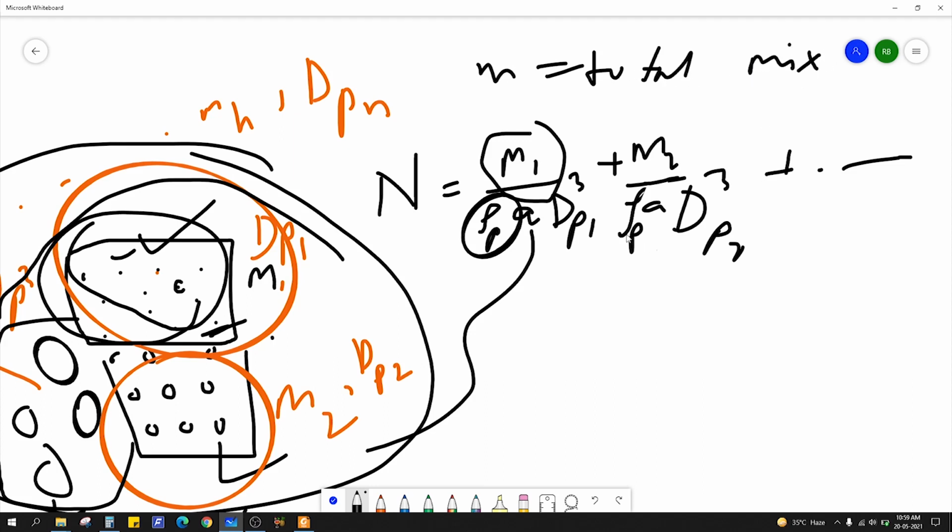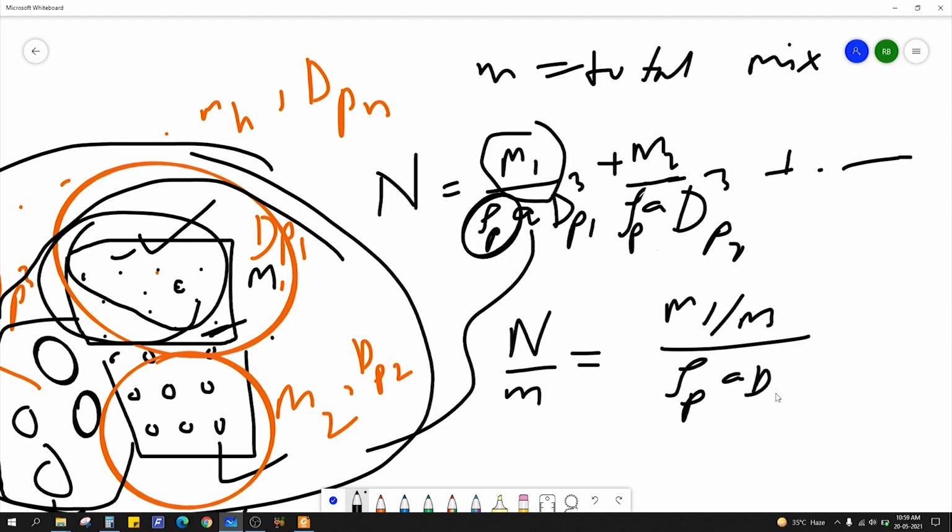If you divide by m on both sides, you'll get N by m equal to m1 by m rho p a dp1 cube, plus m2 by m rho p a dp2 cube, and so on. Mass of a sample divided by total mass is nothing but the mass fraction. So I will represent it as x1, similarly x2 for m2 by m, and so on.